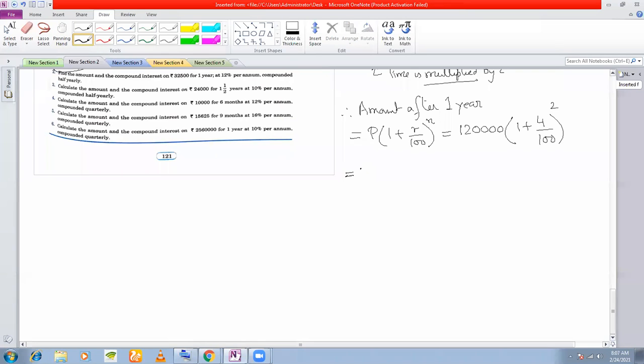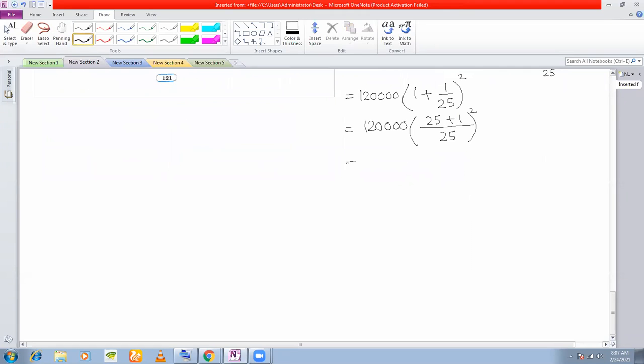So therefore, we have 1,20,000. And what you do here is you can cancel 4 and 100. 4 goes 25 times. You simply get 1 plus 1 by 25 whole square. Now you can take the LCM: 25 plus 1 whole square.